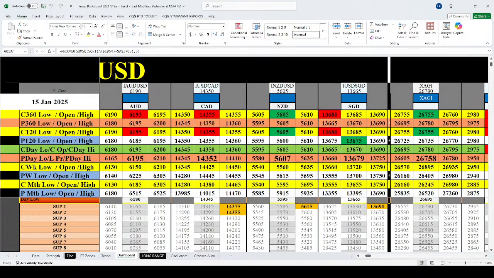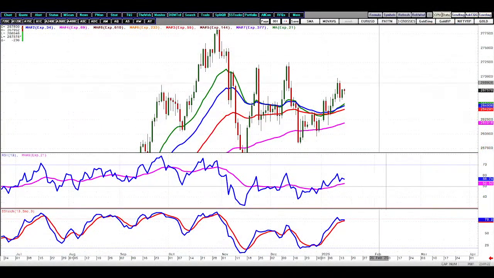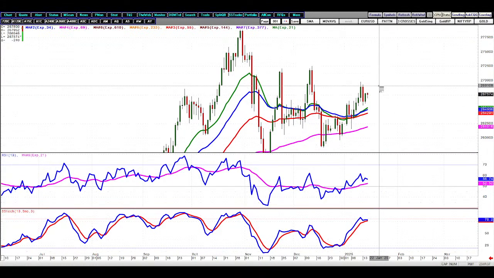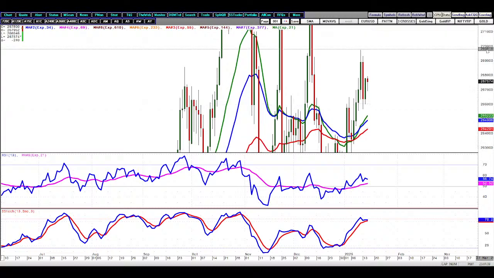Let's see what the chart is telling us. The chart is telling us on the daily that this is in a congestion. So we expect this market to be in a congestion on the daily. We don't expect any big move.